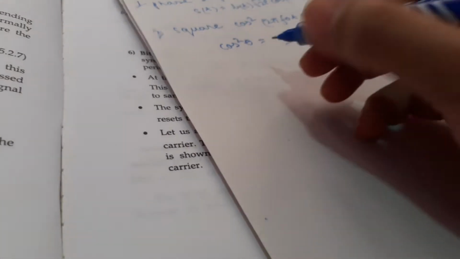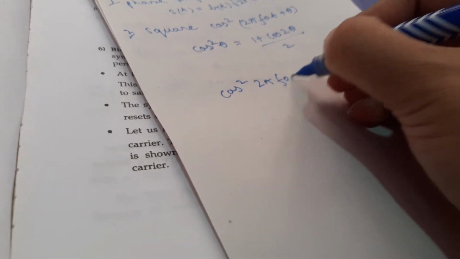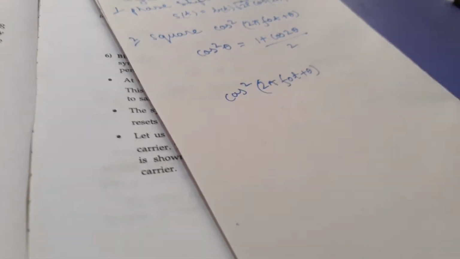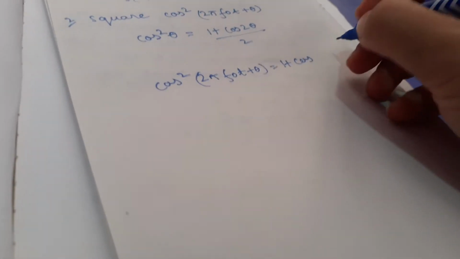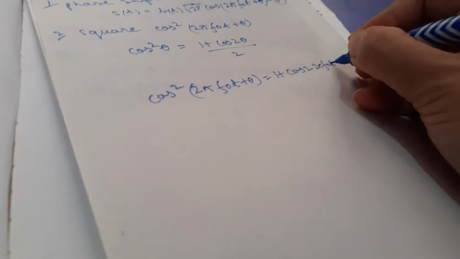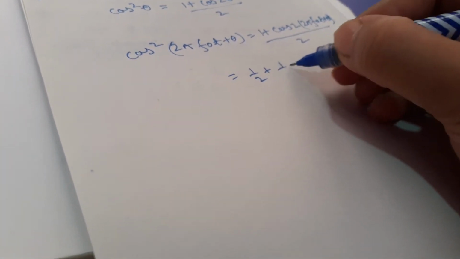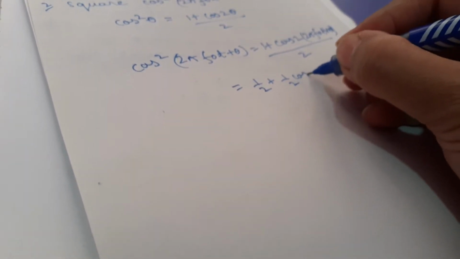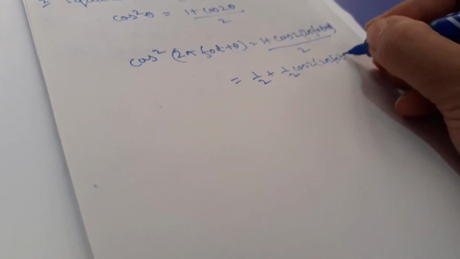Now you can make it like this: cosine square of 2 pi f naught t plus theta is equal to 1 plus cosine of 2 pi f naught t plus theta, divided by 2. So this can be written as 1 by 2 plus 1 by 2 cosine of 2 pi f naught t plus theta.